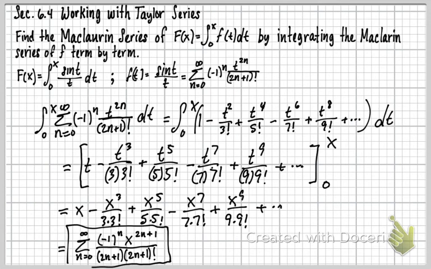So it's very nice that we can use other ways to integrate instead of the functions themselves. Sometimes it's a little nicer to deal with those than the actual functions. So that wasn't too bad. And I could see that from the series itself: if I integrated, I know the power is going to go up to 2n plus 1, and then I'm going to have to divide by the 2n plus 1.